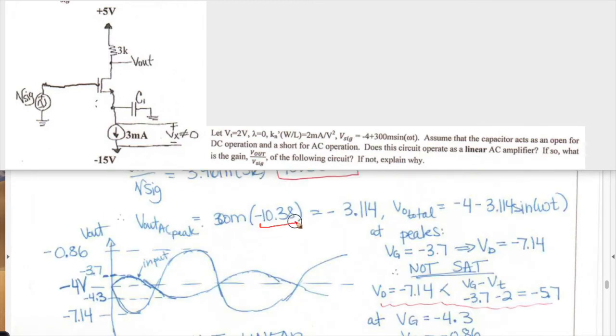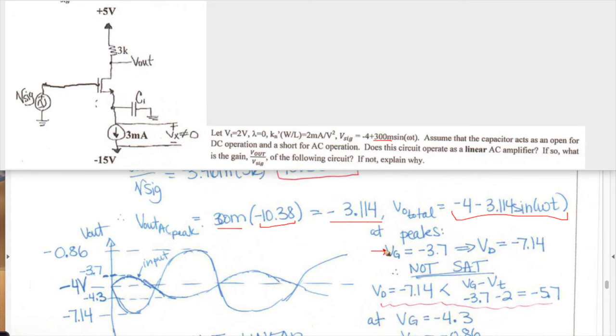Knowing the gain is minus 10.38 volts per volt, we can multiply that by the AC portion, 300 milli, and that gives us minus 3.114. So the total equation at V out will be minus 4 minus 3.114 sine omega t. We want to check at the peaks, because that would be the condition of maximum and minimum.